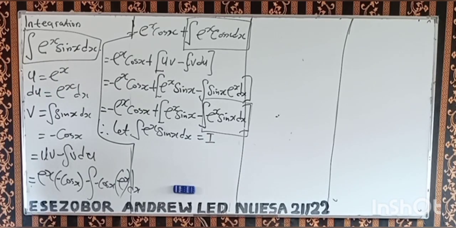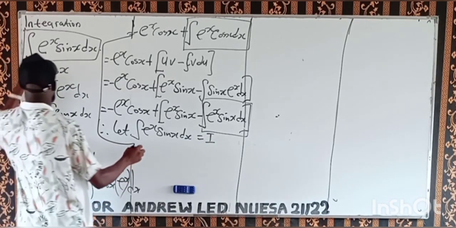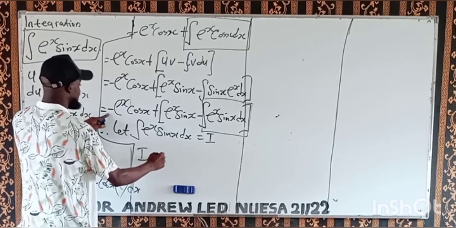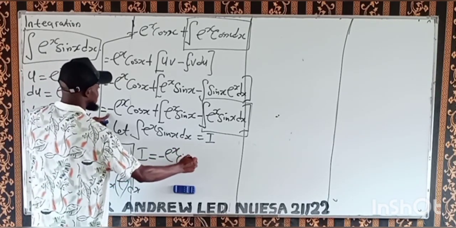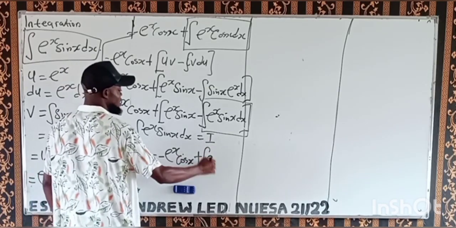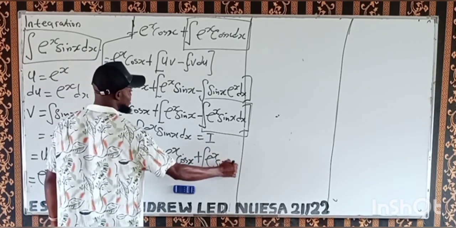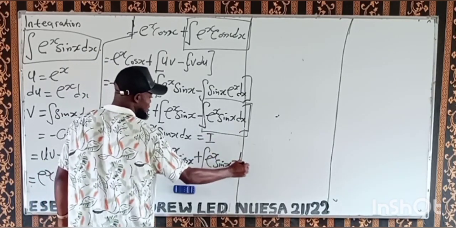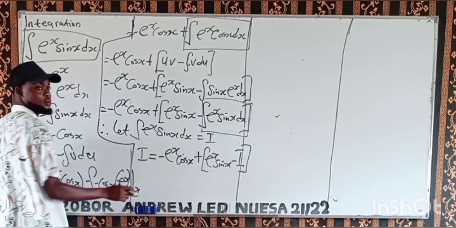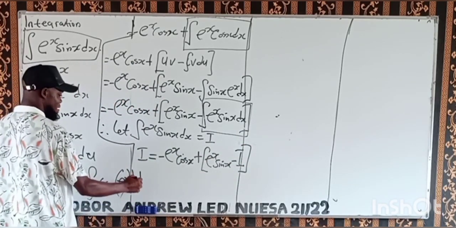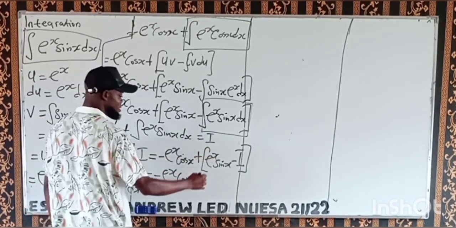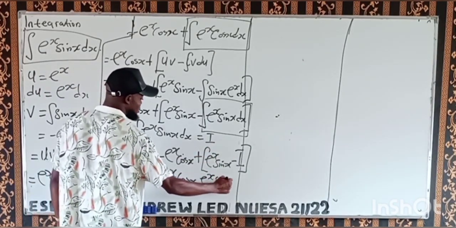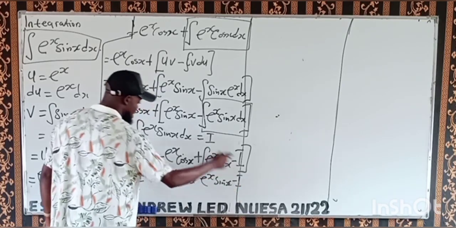So you see, let the question be equal to I, so that the question itself, which is I, will now be minus exponential x cos x plus exponential x sin x minus, this one is still the question, which we now call I. So I will be exponential x cos x plus, everything remains the same, exponential x sin x minus I. I will come to this side.